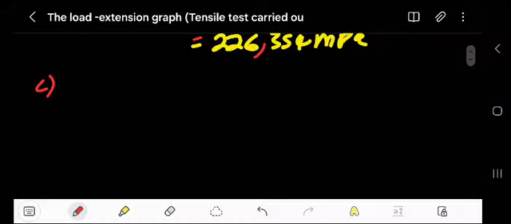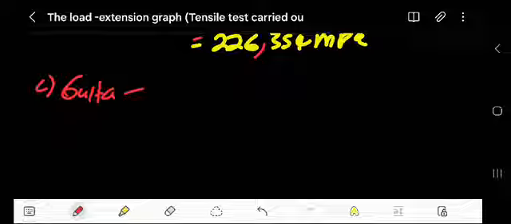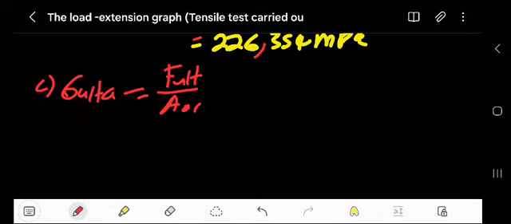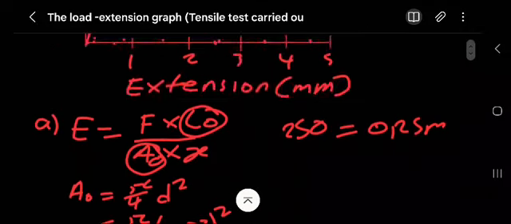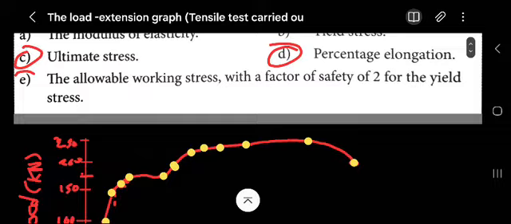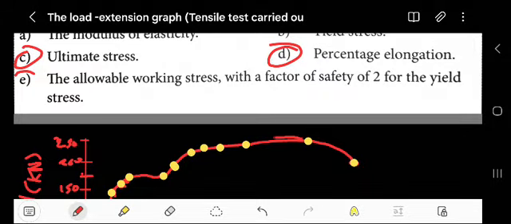Ultimate is at the highest. Ultimate stress will be equal to force ultimate divided by A, the original one. Here's the highest point, somewhere there.